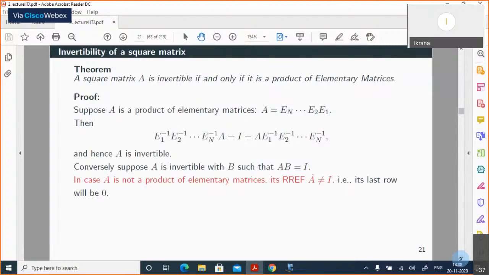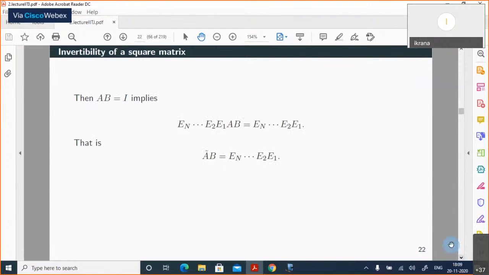So let us assume the last row is 0, and let A tilde be the reduced row echelon form obtained from A by pre-multiplication by elementary matrices. Now AB is identity, that is given to me, so let us apply the elementary matrices E1, E2, En to both sides. On the left we get A tilde B, which is equal to E1, E2, En.